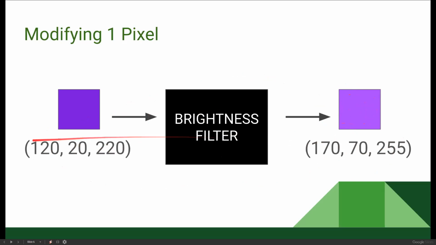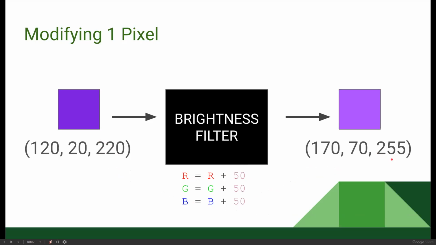So for red and green, we added 50. But we only added 35 for the blue value, because 255 is the max possible value for any color. So this little equation, red equaling red plus 50, green equaling green plus 50, and blue equaling blue plus 50, it works, except when our number would exceed 255.